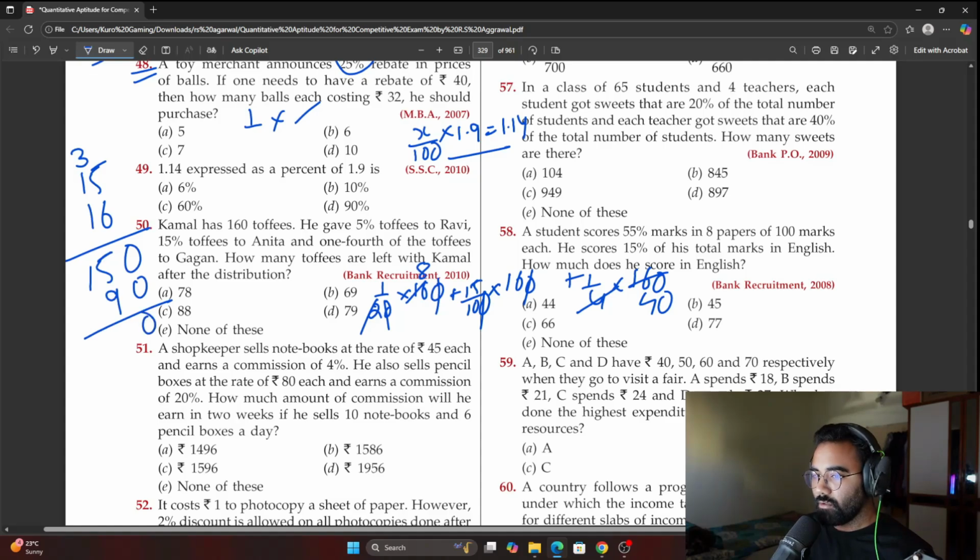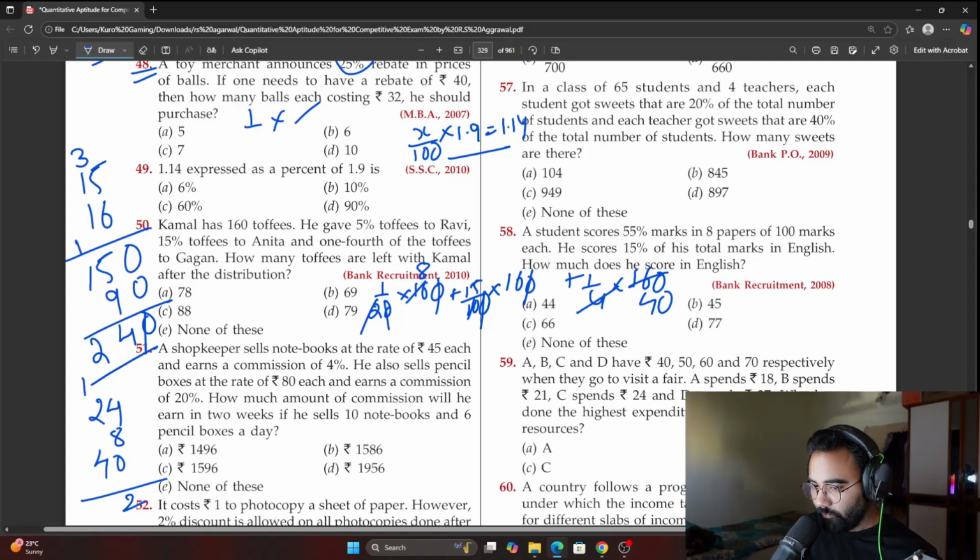So this is 0, 9 plus 5 14, 240, so 0 0 cut, this 0 and this 0, 24. Okay, so 24 is this, then this is 8 and this is 40. 8 plus 4 12, 4 plus 2 6, 6 plus 1 7. So 72 toffees are given away.